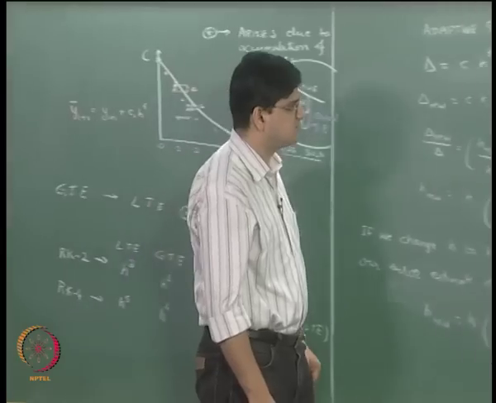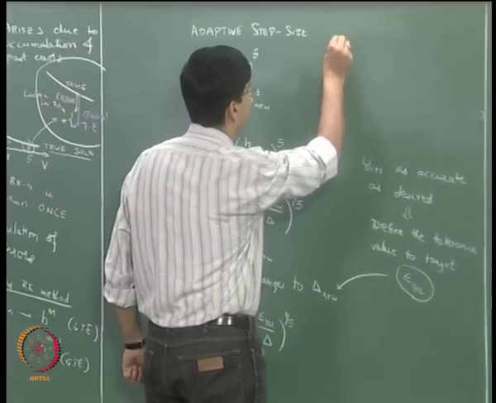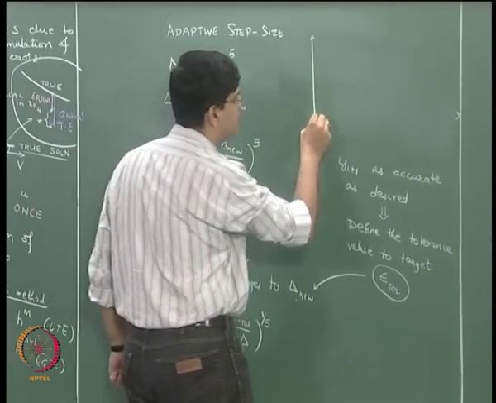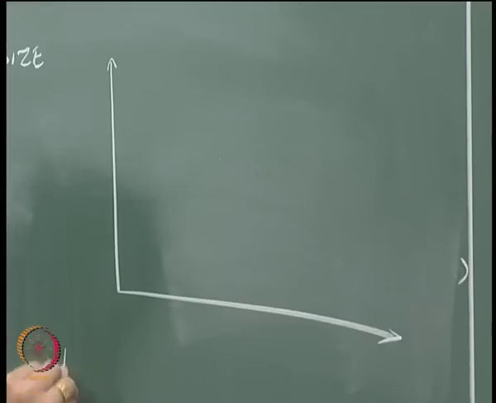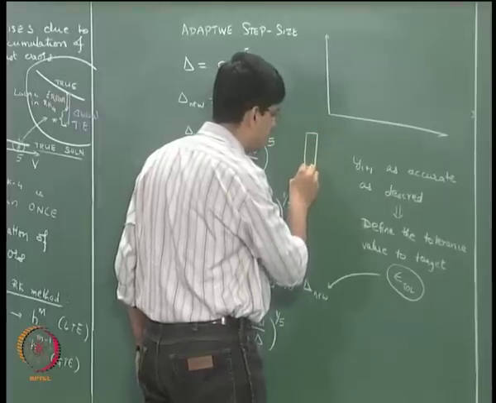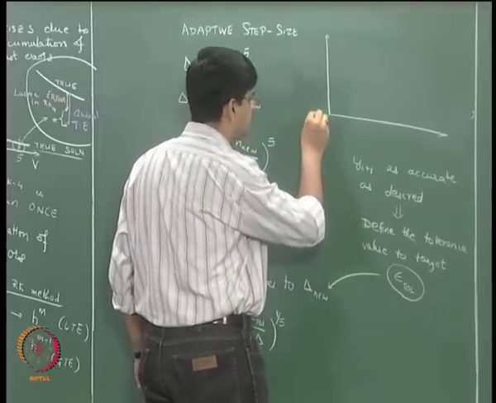Where is adaptive step sizing useful? It is useful in a lot of examples. Let me give you one particular example. If this is that particular device, there will be a flame that stands over here.